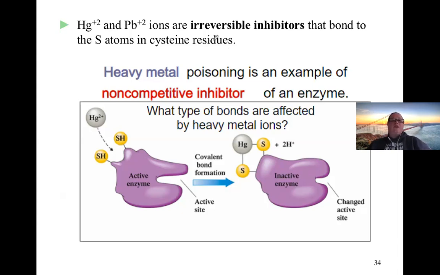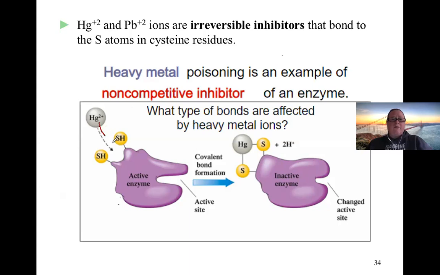All right, mercury and lead and cadmium and arsenic and many heavy metals are considered irreversible inhibitors. They will specifically bond to the sulfur atoms in cysteine residues. Remember, cysteine amino acid residues can form what are called disulfide bridges. And here are two cysteine residues.